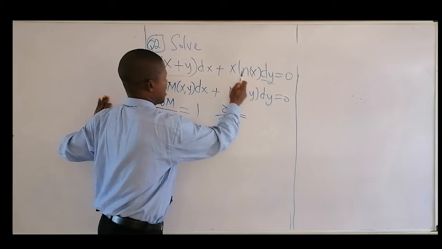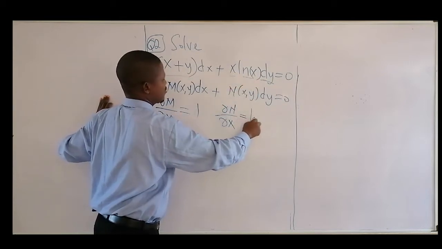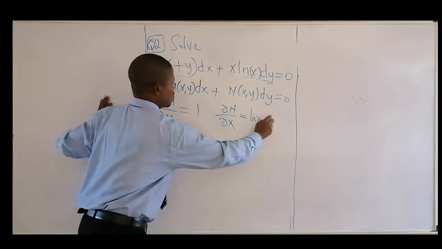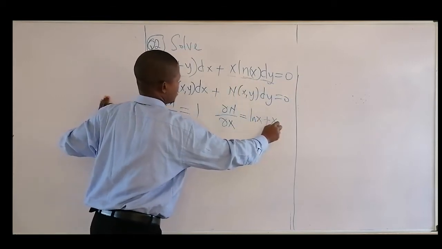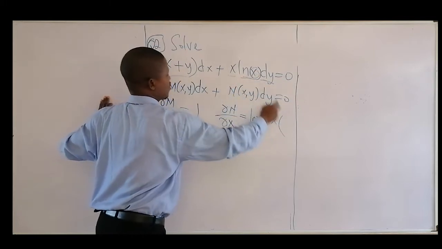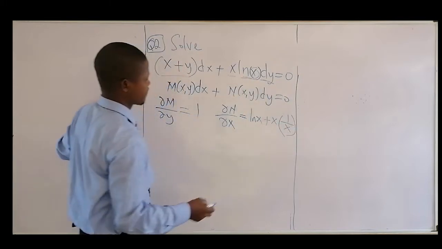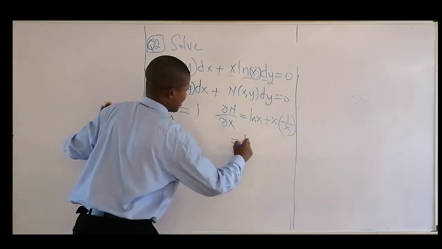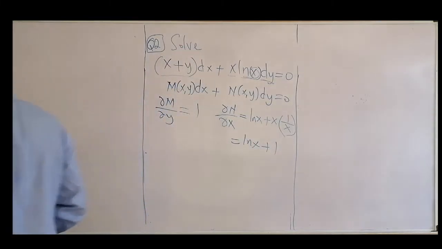You differentiate this one and keep this one constant, that will be ln x, then plus, now differentiate this and keep this constant. If you differentiate ln x, the derivative is 1 over the function. So that will give you ln x plus 1.